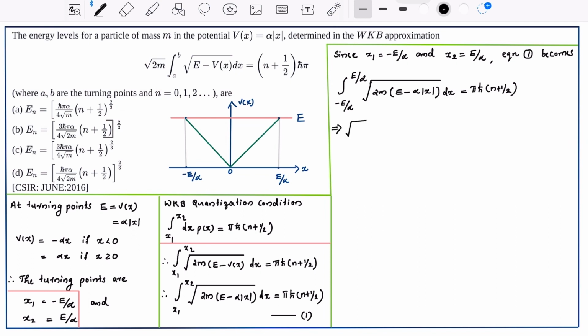Now let us take square root of 2mE outside the integral, then it becomes integral from minus E by alpha to E by alpha of square root of 1 minus alpha mod x by E dx, equal to pi h bar into n plus half.